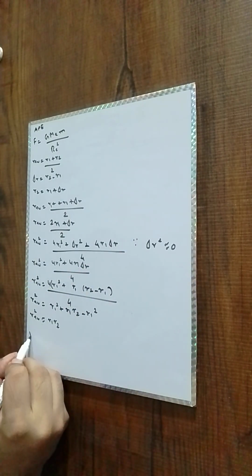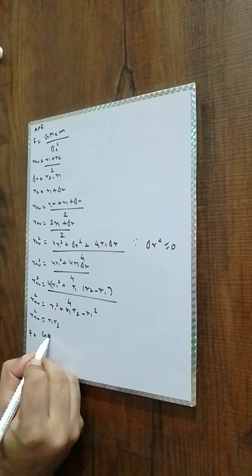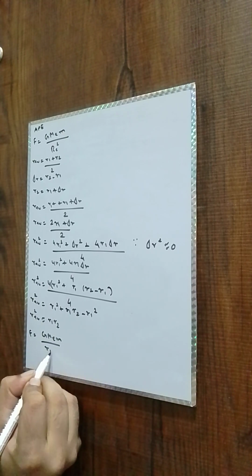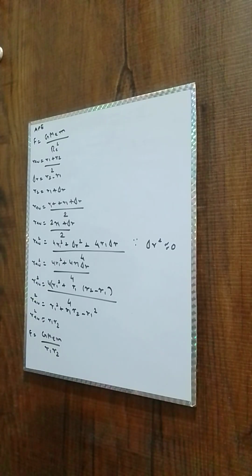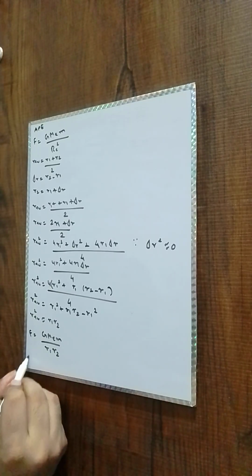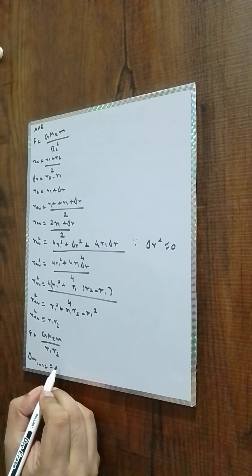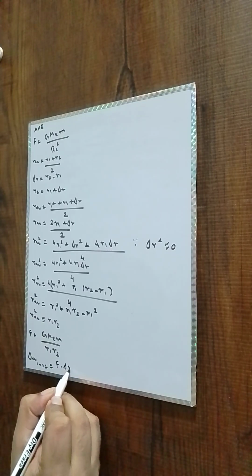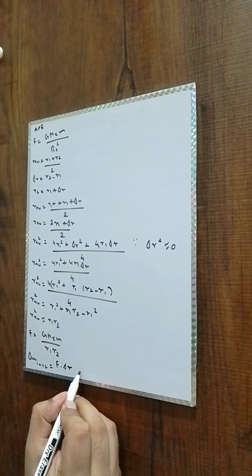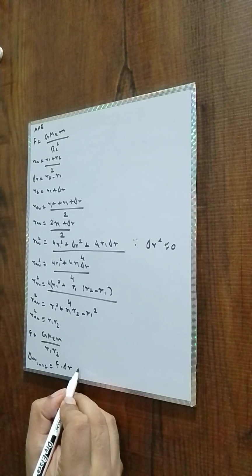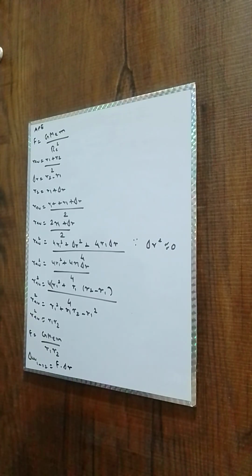So in the equation for force we put G Me m by r1 r2 as the average radius square, and now differential work from 1 to 2 is equal to force into distance, which is, yes, I will show you, just give me a second.